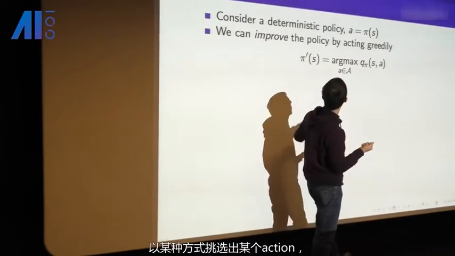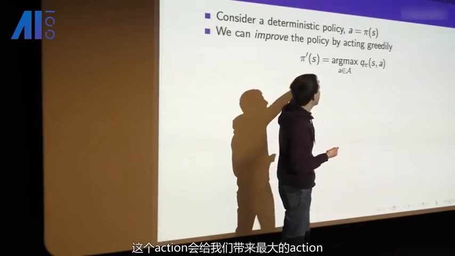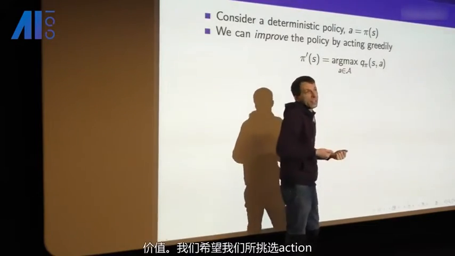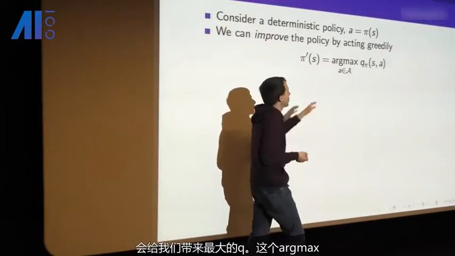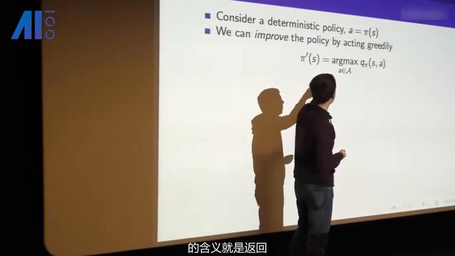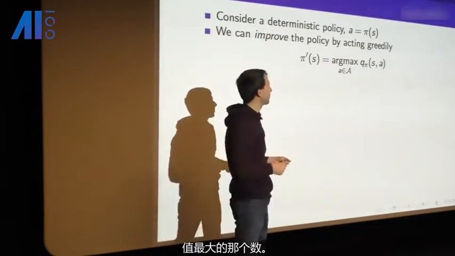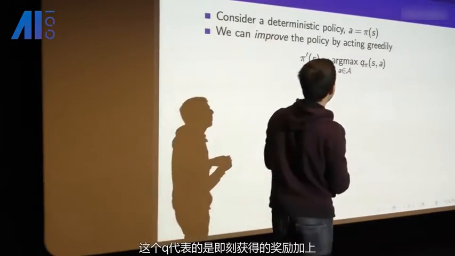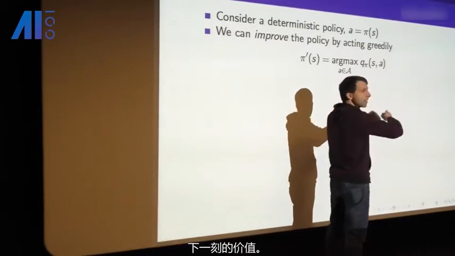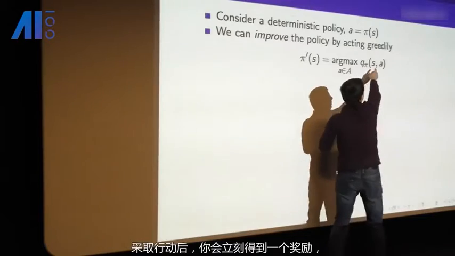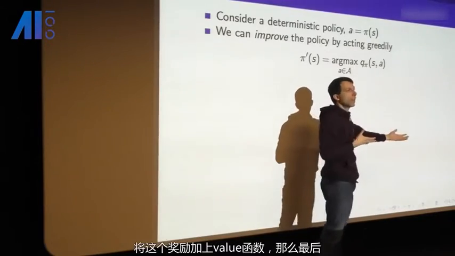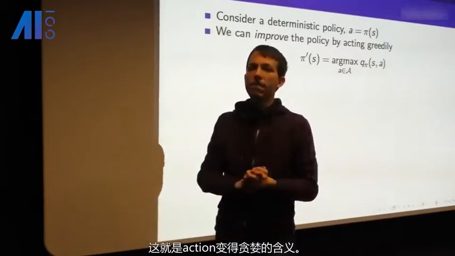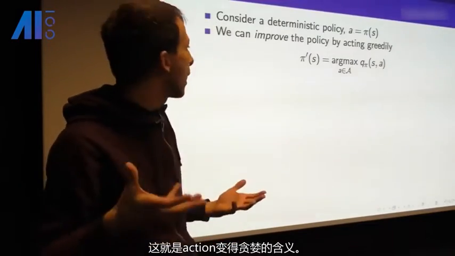So what we want to do is pick the action that gives us the maximum action value, the most Q. That's what this argmax means: it returns the action that maximizes this quantity. And Q, remember, is just the immediate reward when you take action A, plus the state value of where you end up. So that's what it means to act greedily.